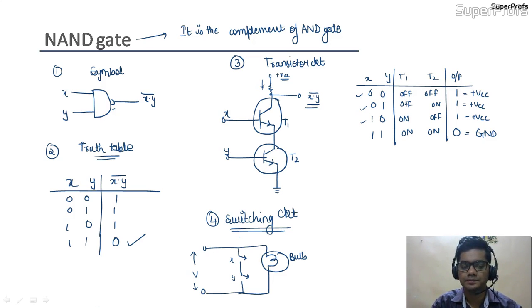First is symbol, second is truth table, third is transistor circuit, and the fourth is switching circuit. So these are some points related to the NAND gate.